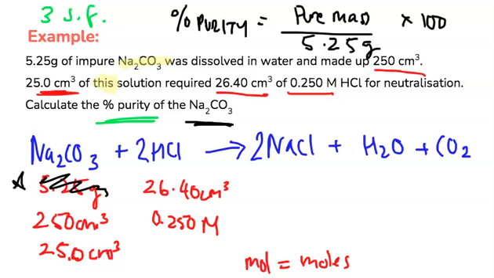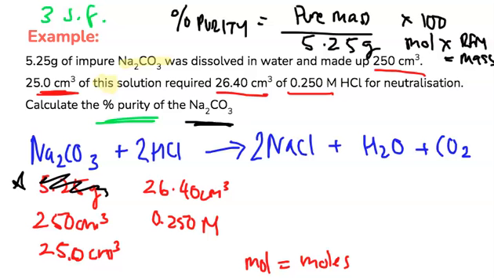Now just examining this equation a little bit. The percentage purity, pure mass divided by the total mass there. To get the pure mass, this is what we'll be able to get by working out the number of moles of sodium carbonate. If we know the number of moles of sodium carbonate in that sample, then we can do moles times the relative formula mass, and that will give us the pure mass.